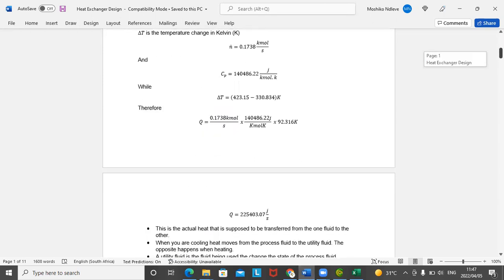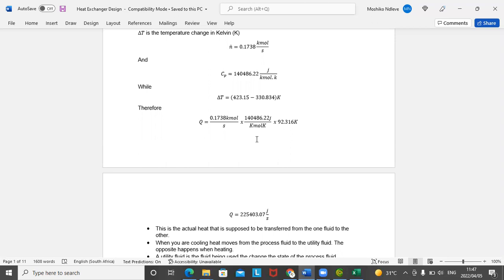So we've got the number of moles, we've got the CP, which is 140,486.12. We've got the temperature difference. Just want to do a quick calculation to make sure that our heat transfer is okay.